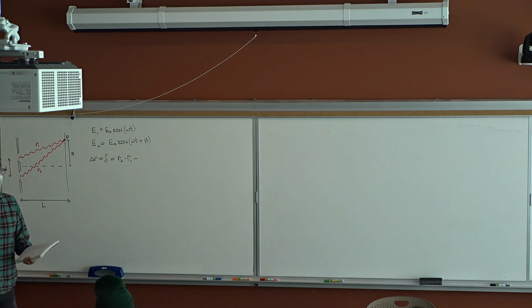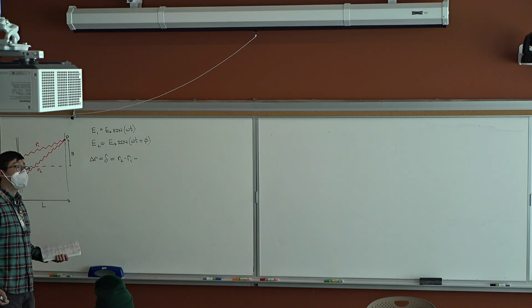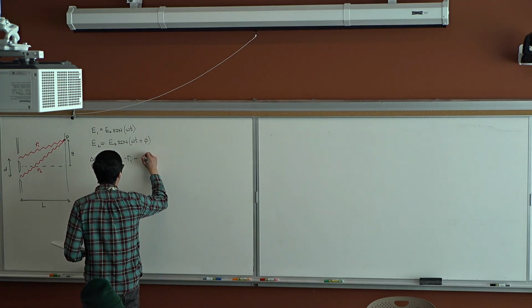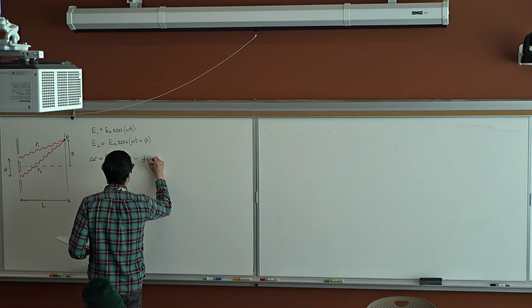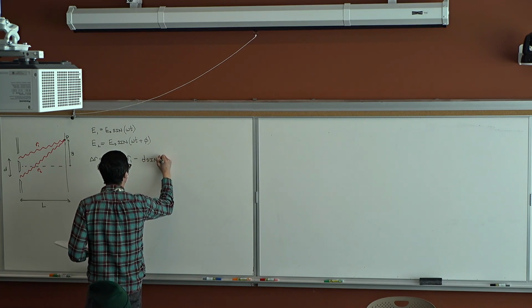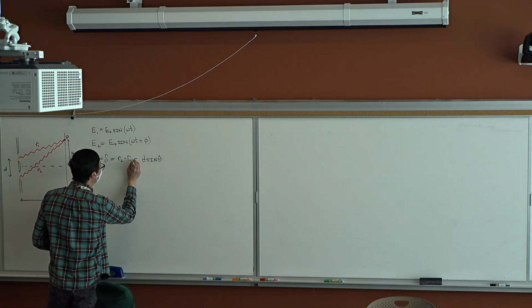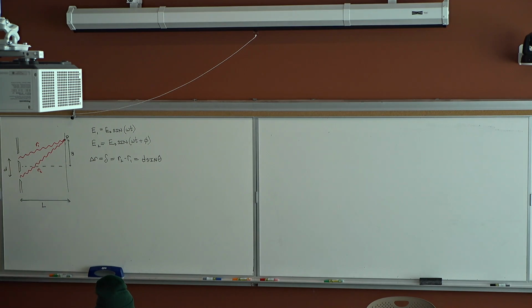This looks just like it did last Wednesday, where we said that this was equivalent to d sine theta. So R2 minus R1 equals d sine theta. Oh, that's an equals. Sorry. Thank you. So far, so good?